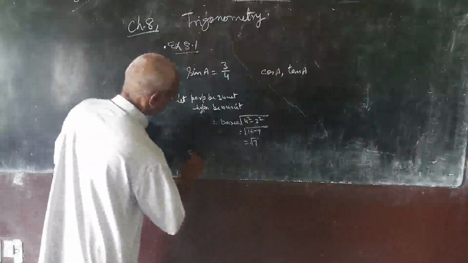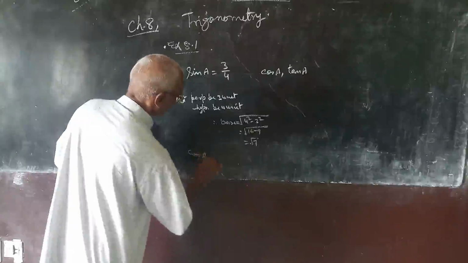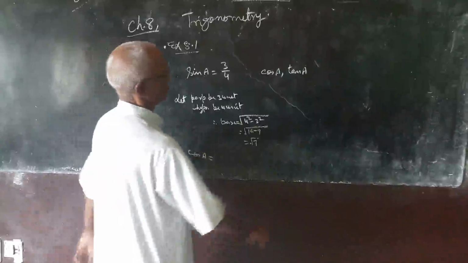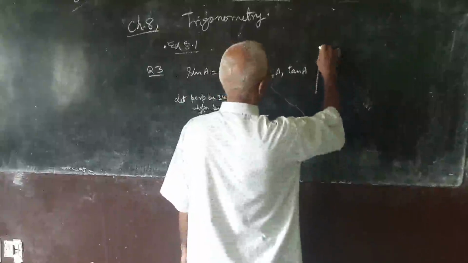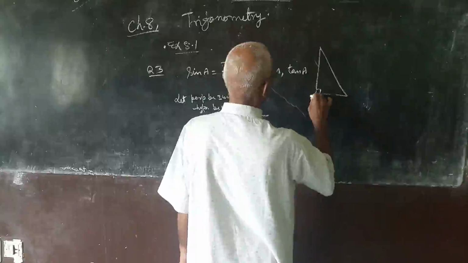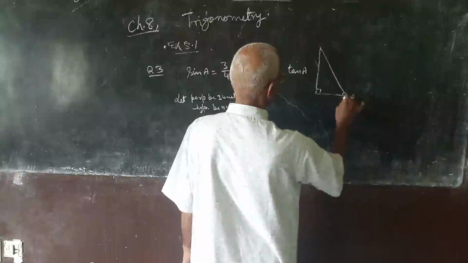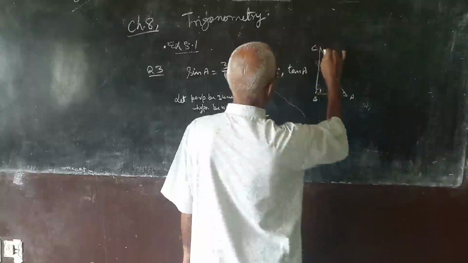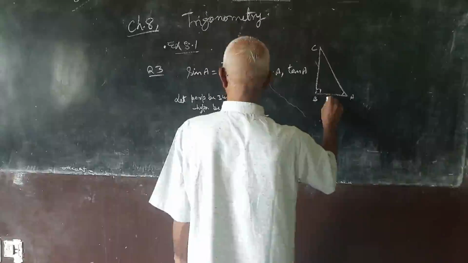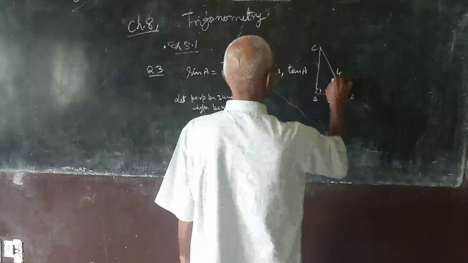So here cos A will be... Let us draw the diagram. Here is suppose A, it is B, it is C. I have taken this perpendicular as 3, this as 4.